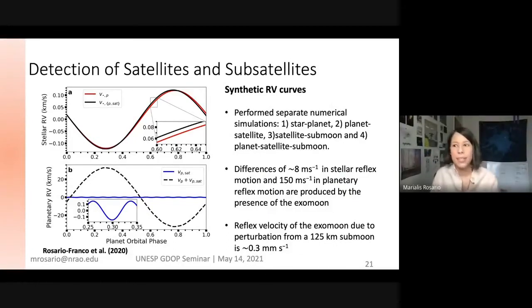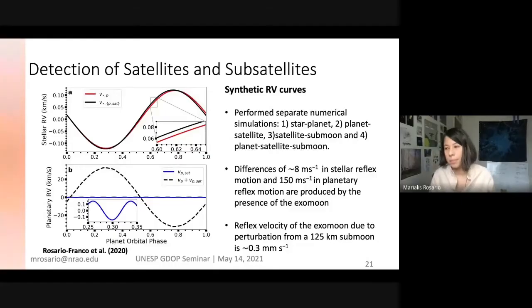The reason is most of these detection methods are based on perturbations, on an emission or a signal that we are receiving on Earth, and we see a certain perturbation, a certain shift, like it's the case with RVs, like it's the case with transits and transit timing variations, etc.